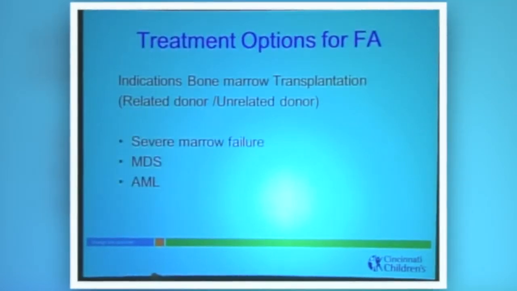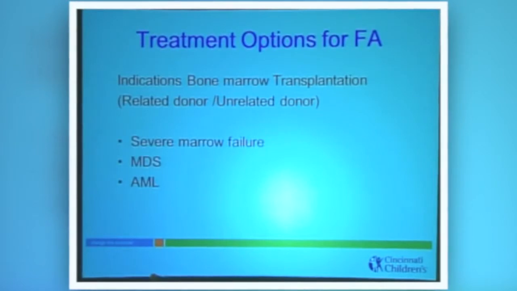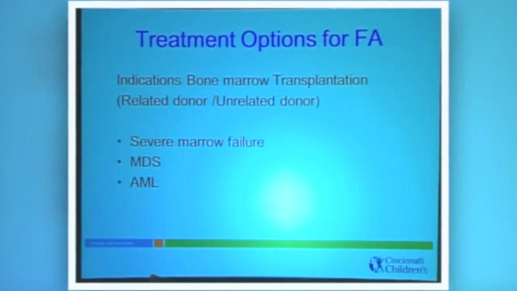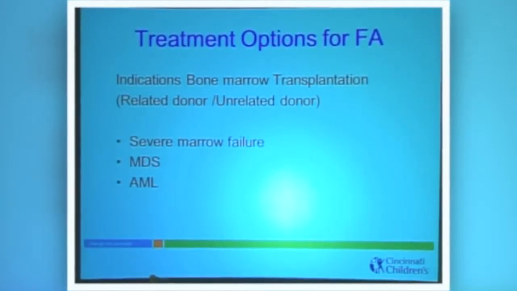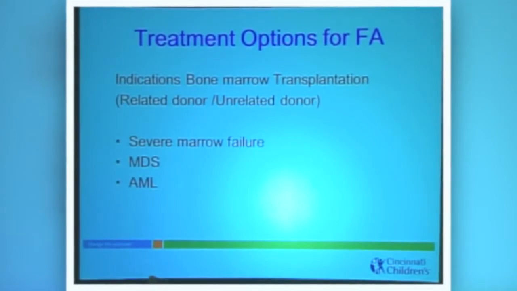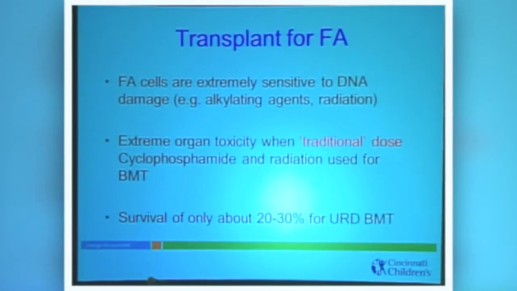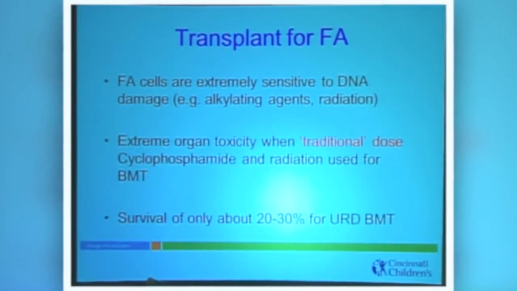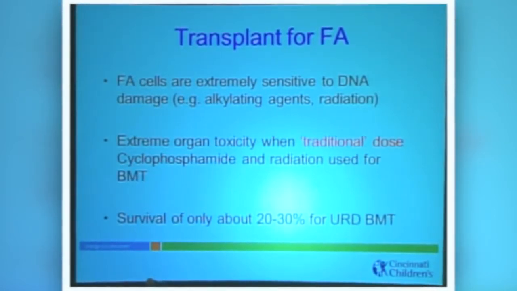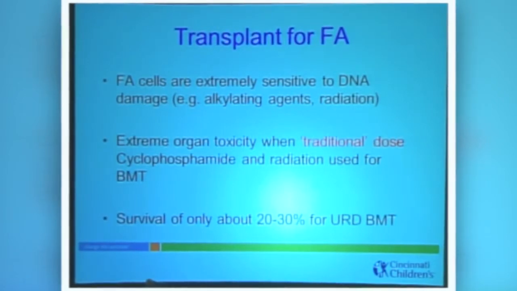Now, other treatment options. Transplant is the option for severe marrow failure, and for patients who have developed MDS or AML, whether it's a related or unrelated donor transplant. The issues with transplant, as we talked about, are that FA cells are extremely sensitive to DNA damage, alkylating agents, and radiation.